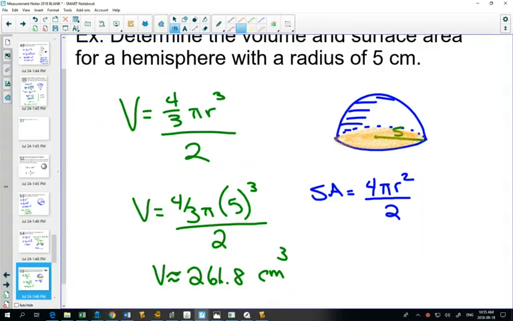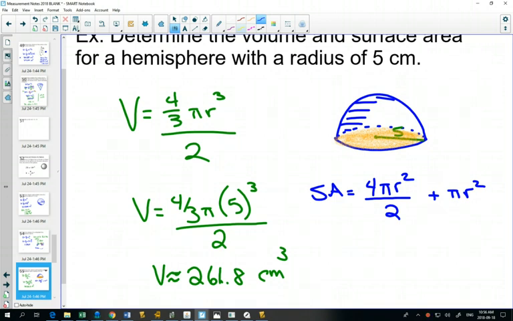What shape is the base? It's another circle. What is 4 pi r squared divided by 2? 2 pi r squared. And 2 pi r squared and pi r squared are like terms.